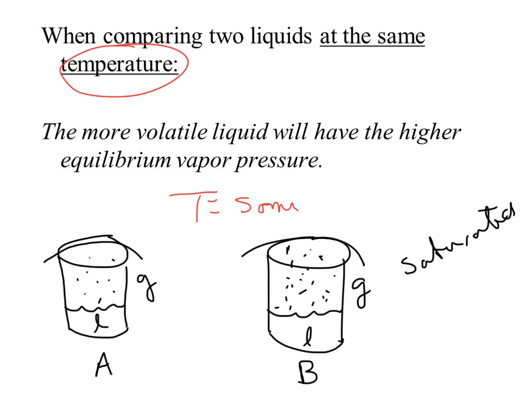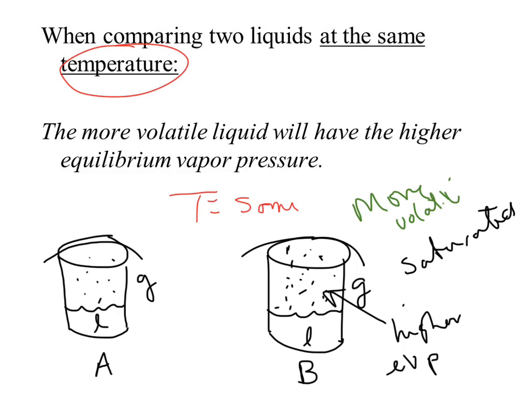B, exactly. So this has a higher EVP, equilibrium vapor pressure, and this is what we say generally is more volatile. That's M-O-R-E, volatile. Makes sense?